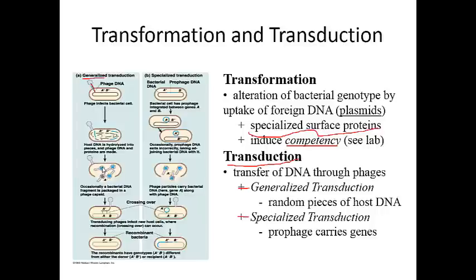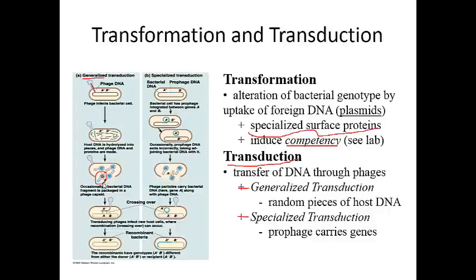New phages are created and they leave the host cell. However, you can see right here though, inside one of those phages, instead of viral DNA being found inside that phage, bacterial DNA is found inside instead.